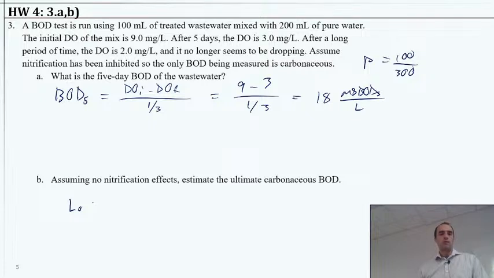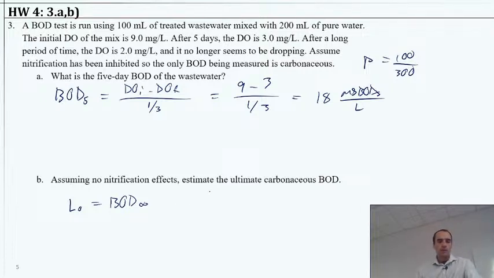That's as if we took BOD with an infinite time experiment. The fact that we left it sitting there for a long time and it stopped dropping, that's pretty much what we get. We can say that's infinite even though it's just a long time.